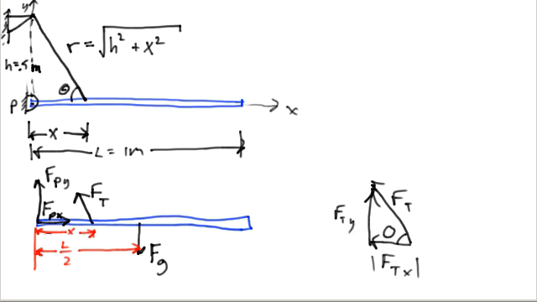This is theta. So we have FTX is FT cosine theta. Yeah, didn't leave much room there. Try it again.